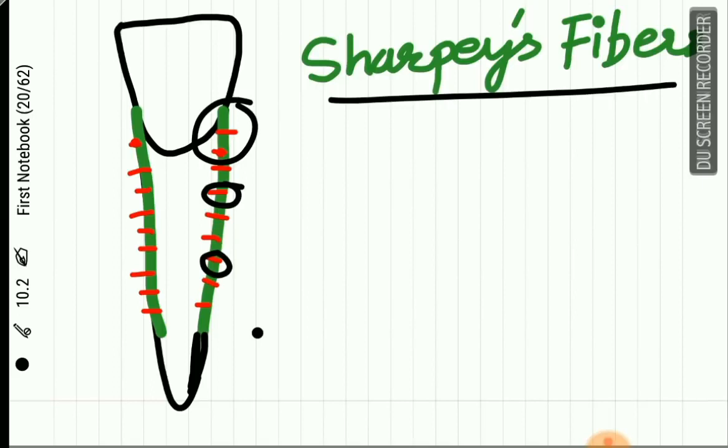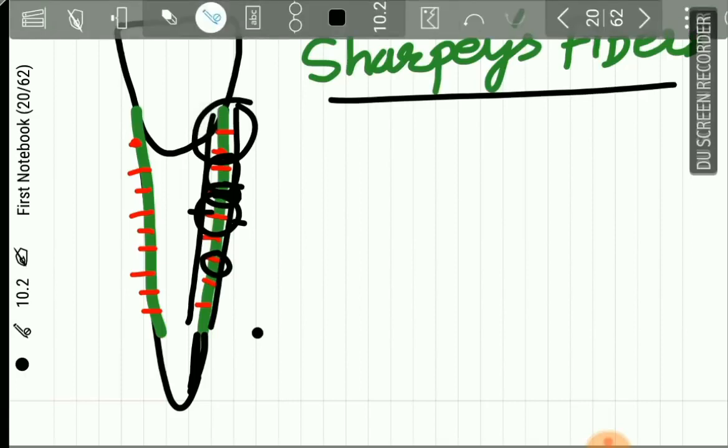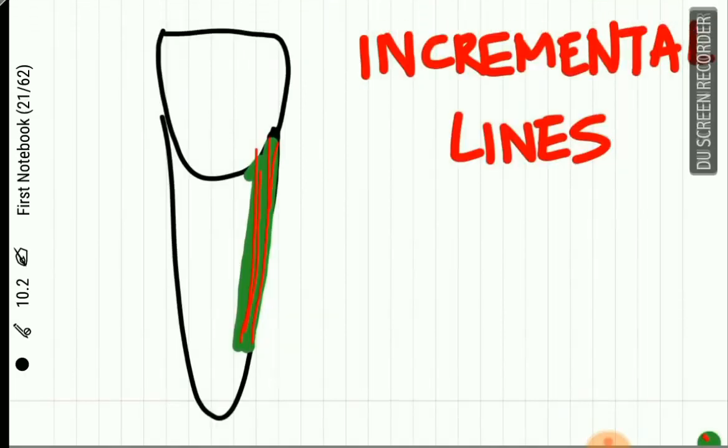But as more and more cementum layer is laid down, this layer becomes thick, and a large portion of the Sharpey's fibers get incorporated within the cementum. Now this AEFC is formed very slowly.